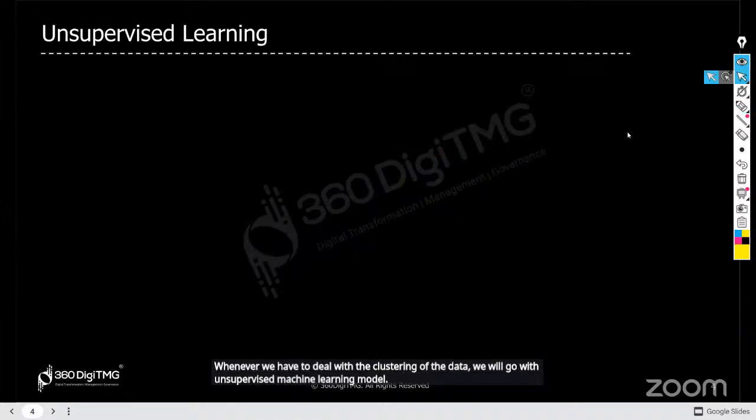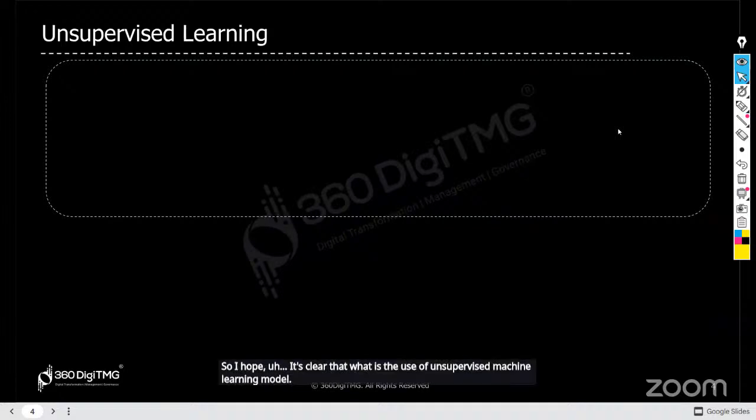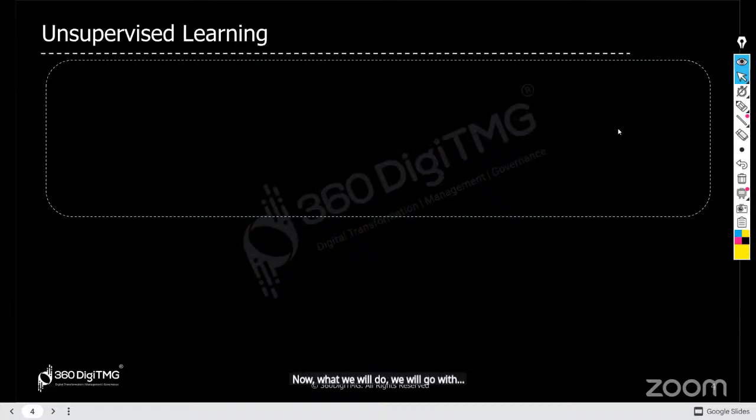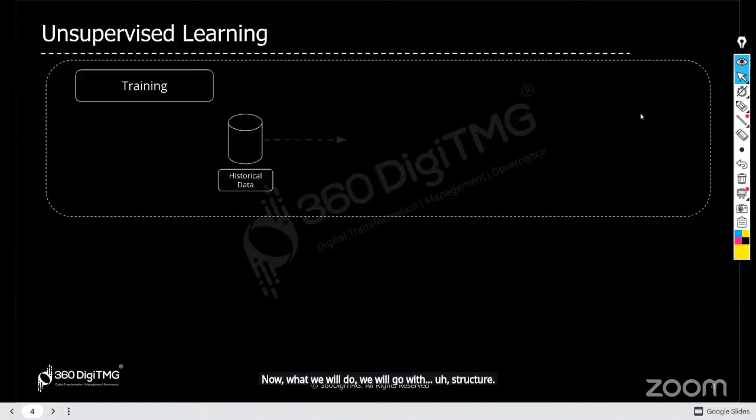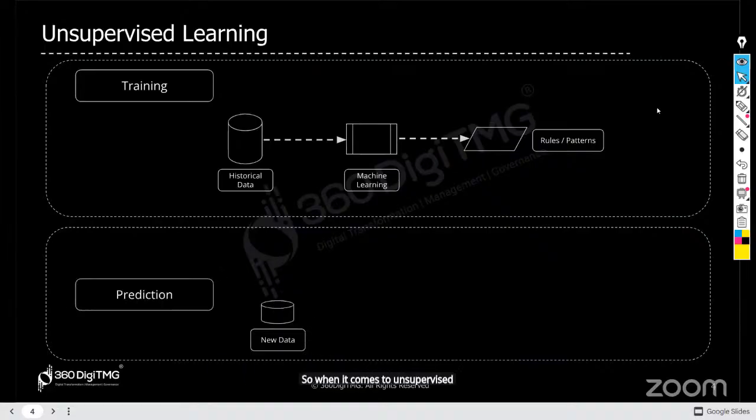So I hope it's clear what the use of an unsupervised machine learning model is. Now we will look at the structure of an unsupervised machine learning model. When it comes to unsupervised, we have training data and prediction.